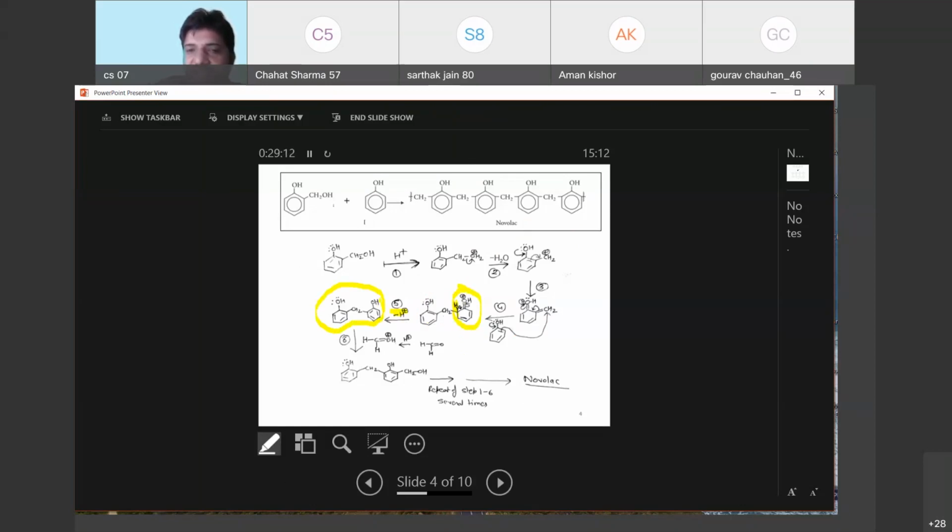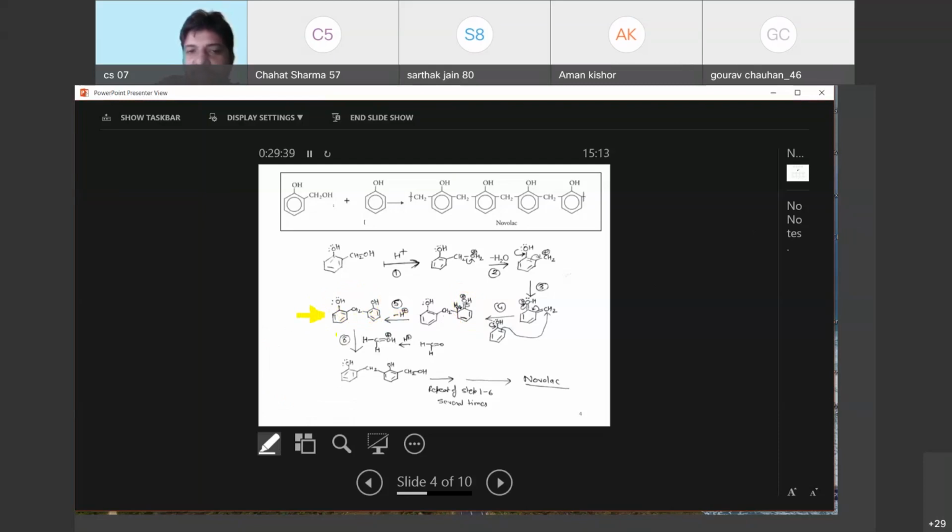Both of the benzenes are aromatic here. Okay, so in this molecule you get 2 phenols. One phenol is this one, and the second phenol is this one, which are connected by a CH2 bridge.